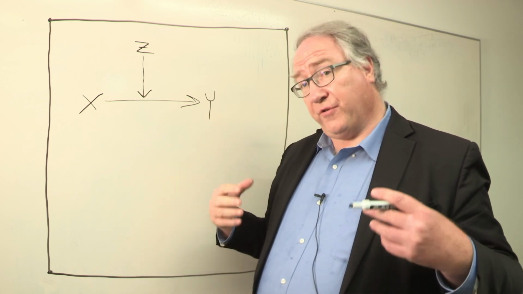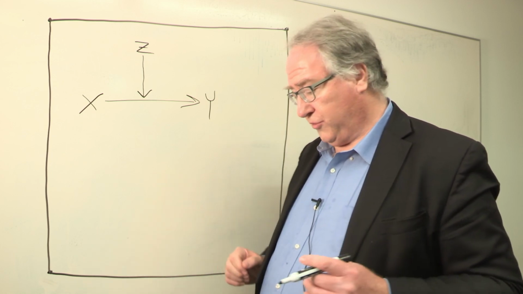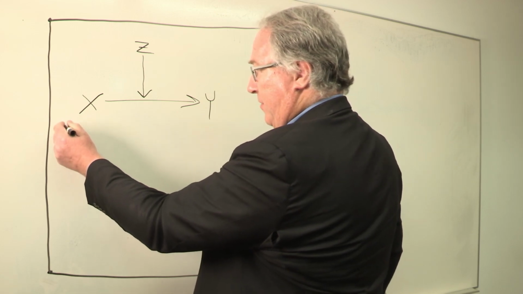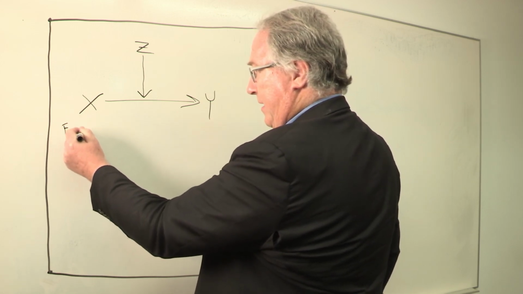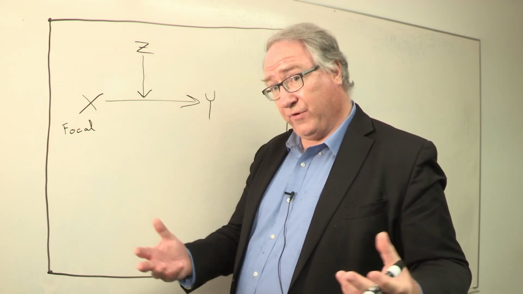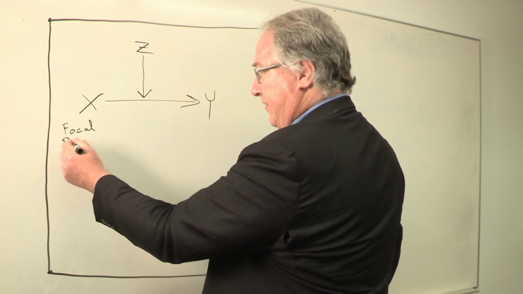The variables that are involved in an interaction that you're testing have particular roles. The x variable in this depiction, and we'll talk about this within the context of regression, has the role of the focal predictor.